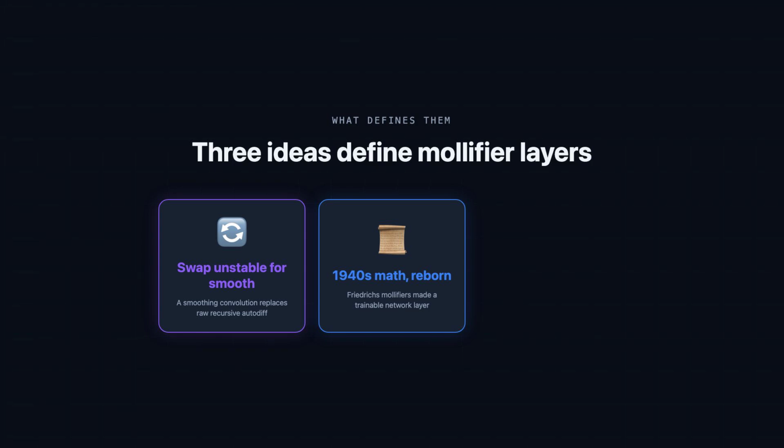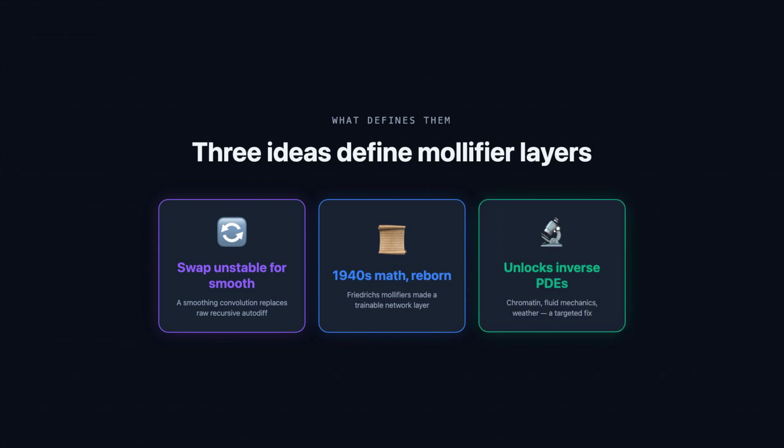Kurt Otto Friedrichs defined mollifiers in the 1940s as a way to approximate rough functions with smooth ones. The Penn team, led by Vivek Shenoy, adapted that classical tool into a trainable neural network layer, published in Transactions on Machine Learning Research. They open up problems that were previously out of reach.